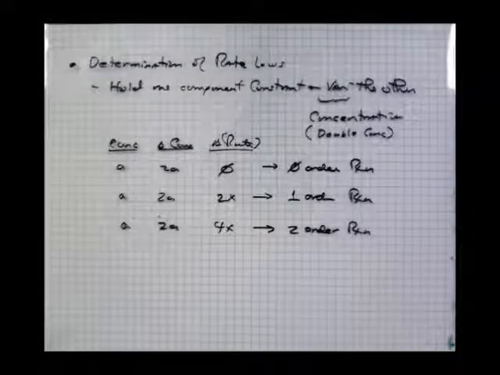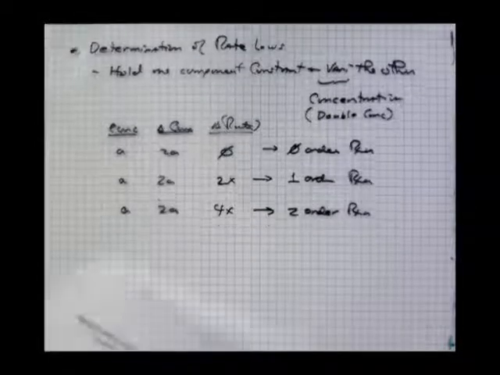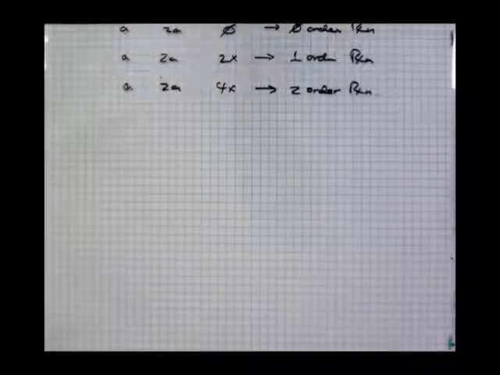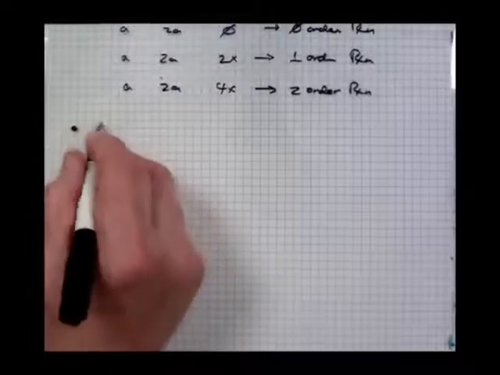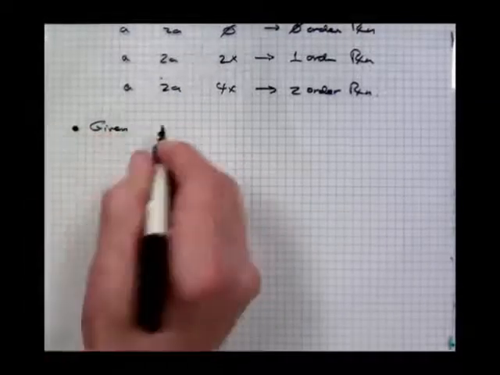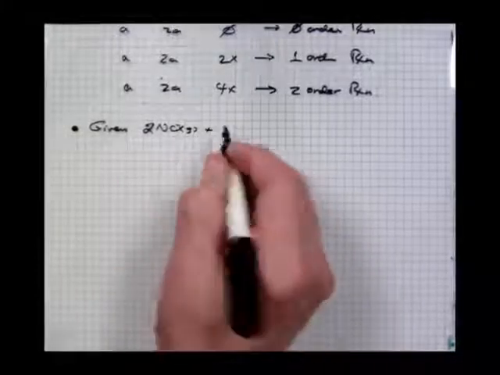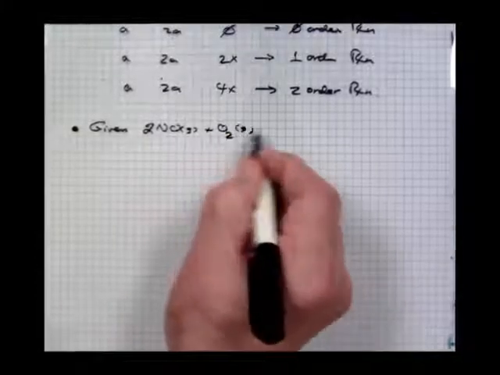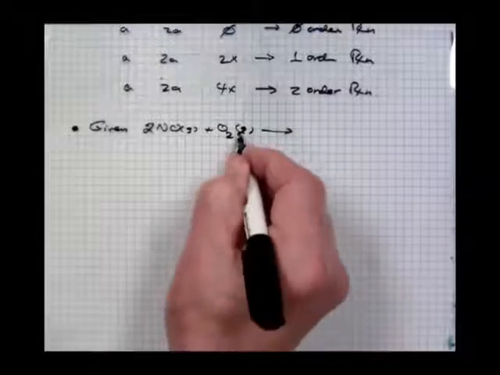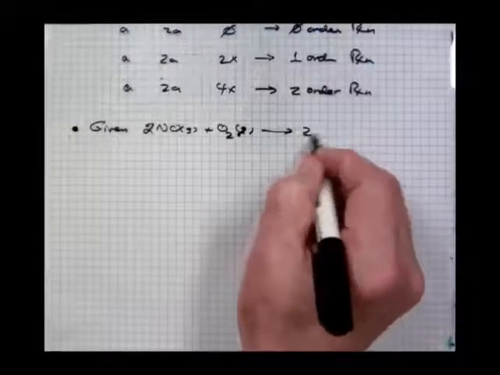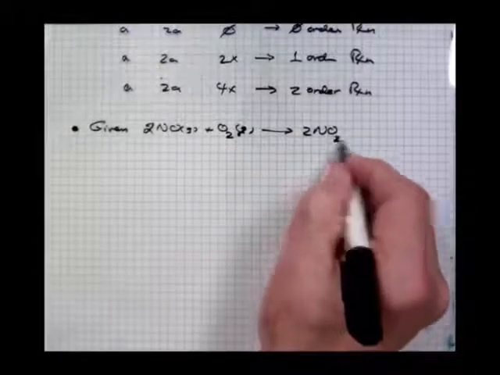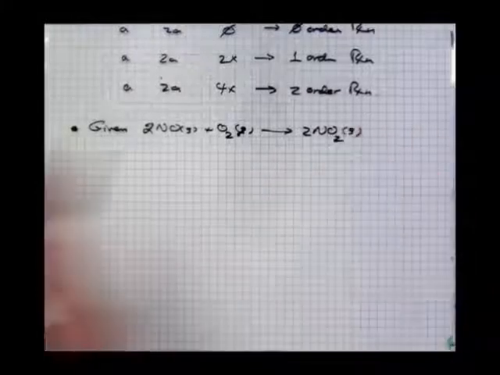as you change concentration. So let's look at this first one here. Okay, we're given 2NO as a gas plus O2 as a gas goes to 2NO2 as a gas.